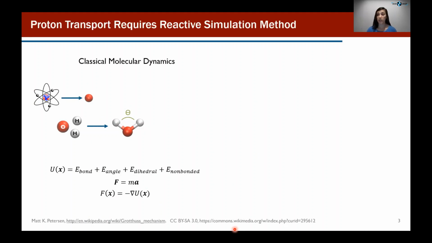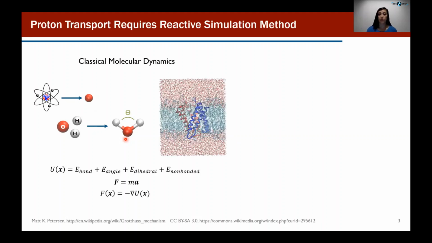And so just to quickly give an overview of what molecular dynamics is, for those of you that don't know. Molecular dynamics is an atomistic simulation method where you ignore the electronic degrees of freedom of your atoms, and you then take your atoms and put them together to define molecules, where you define specific set bonds.